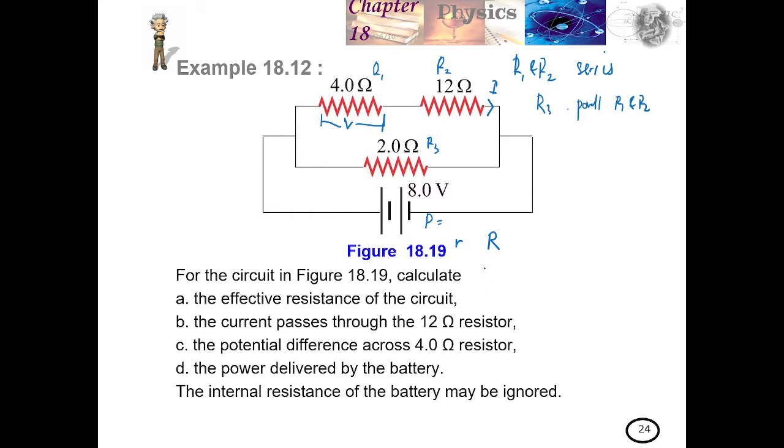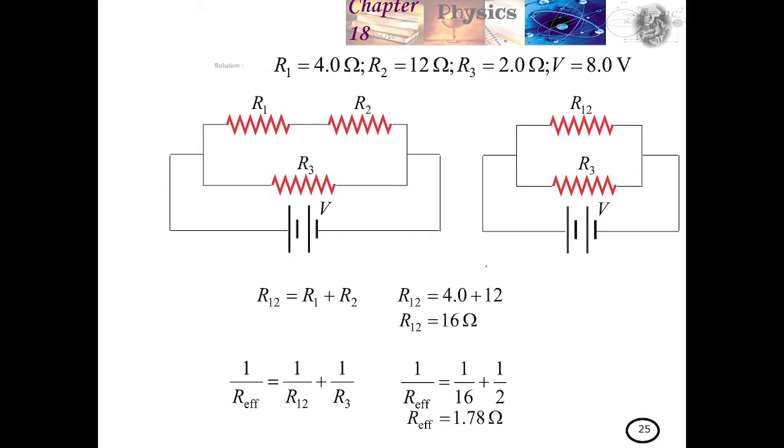Okay, so for A, we have to combine R1, R2, R3. So first, what is the number when R1 plus R2? This is not R1 times R2, this is R1 plus R2, R12, because they are connected in series.